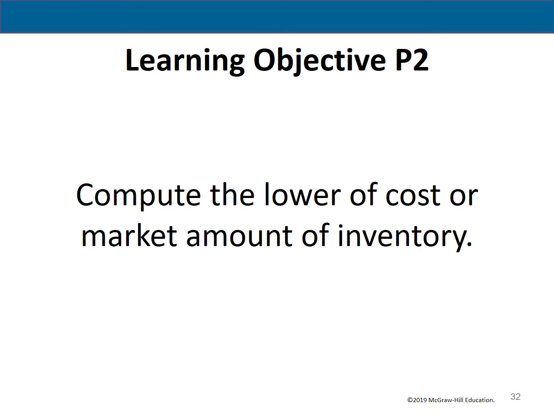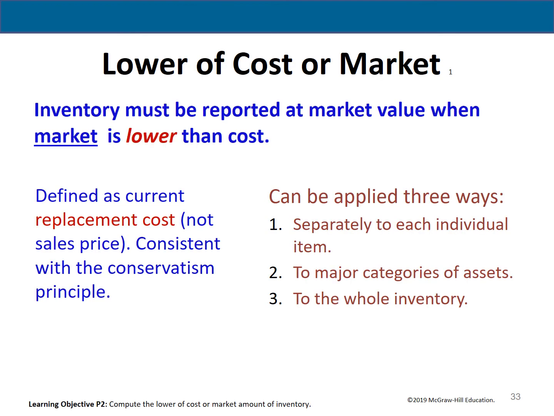Learning objective 2. Here we go. P2. Computing lower of cost or market amount of inventory. What is this, right? Now, we have a principle called the cost principle, right? The cost principle says record everything at what you paid for it and leave it alone, unless there's a rule that says you should report it at a different amount.